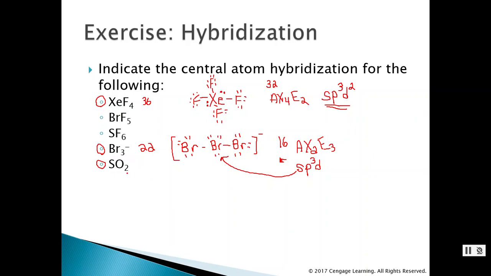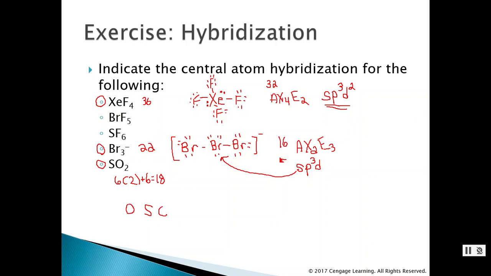Last but not least, let's do sulfur dioxide. So number of valence electrons: oxygen is group 6, multiplied by 2. Sulfur is also in group 6. So I've got 18 valence electrons. Sulfur is my central atom. It's the least electronegative.